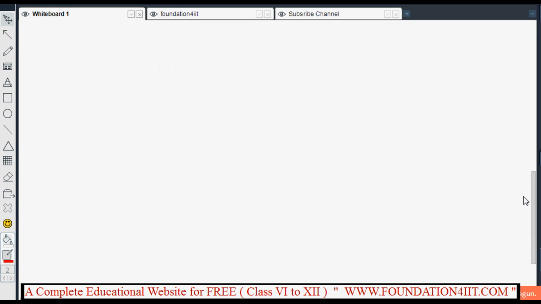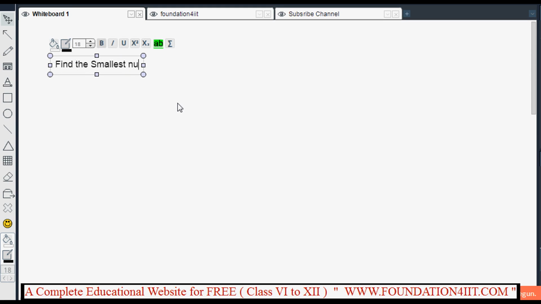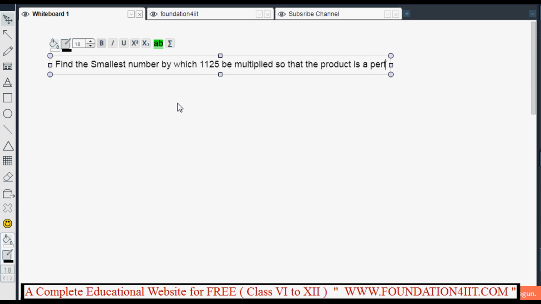Some other questions are related to the cube root. For example, find the smallest number by which 1125 must be multiplied so that the product is a perfect cube.